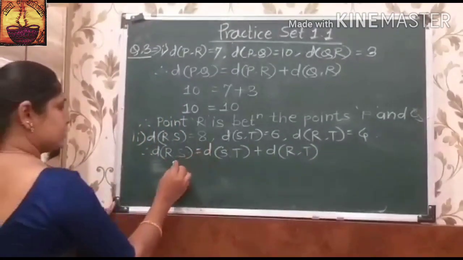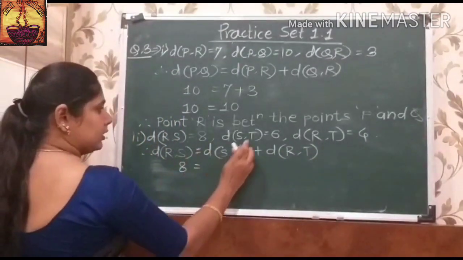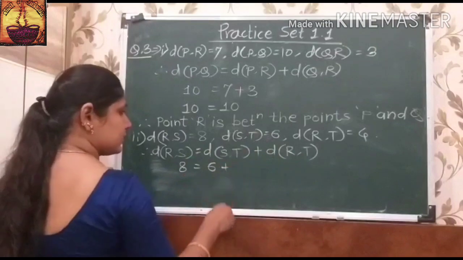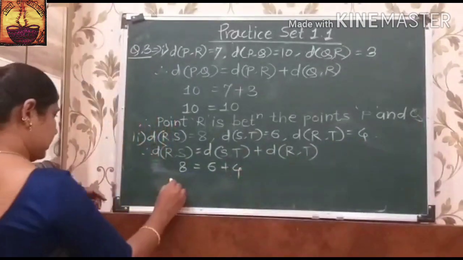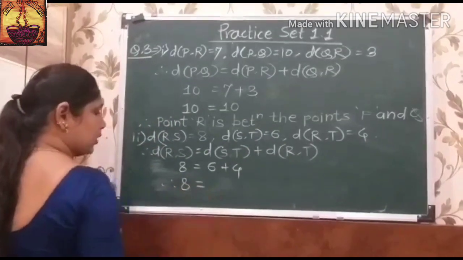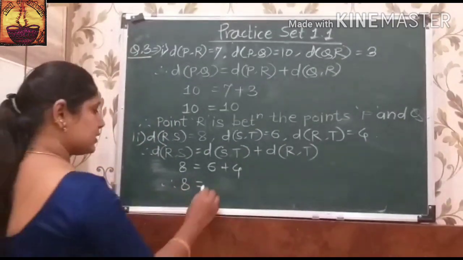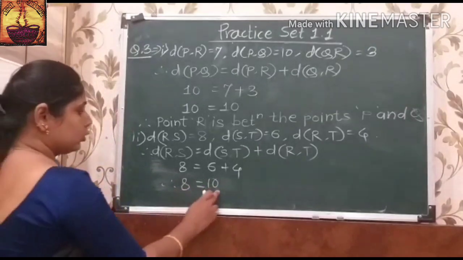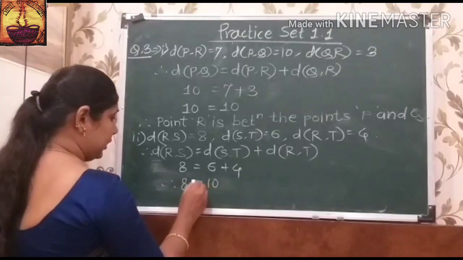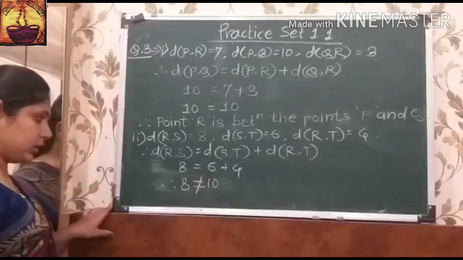Here distance RS is 8, distance ST is 6 plus distance RT is 4. Therefore, 8 is equal to 6 plus 4, which is 10. Here 8 is equal to 10. 8 is not equal to 10.